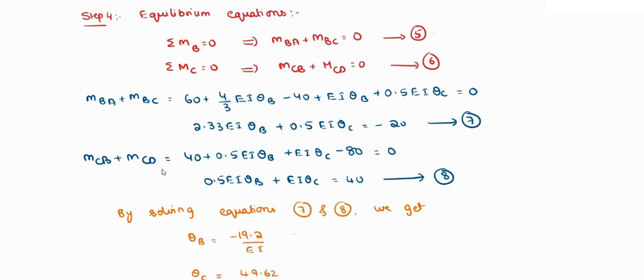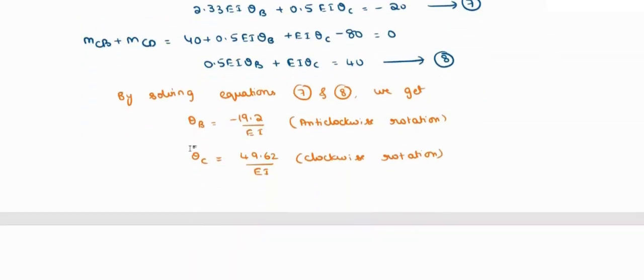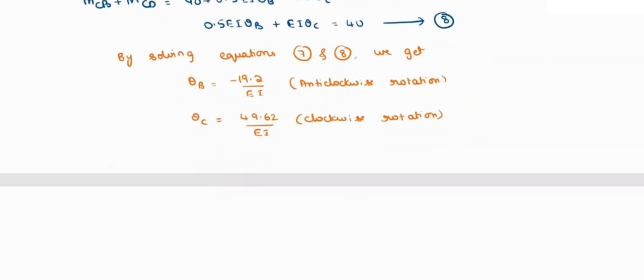So the negative indicates that it is in anti-clockwise rotation, whereas positive indicates that it is a clockwise rotation. Okay. So after getting this theta B and theta C, we are going to draw the elastic curve.